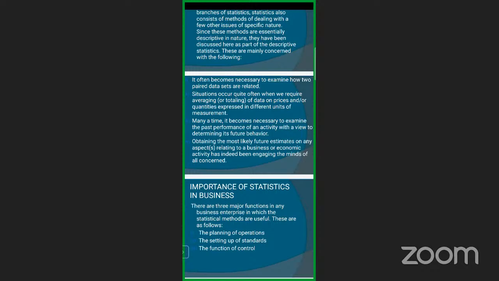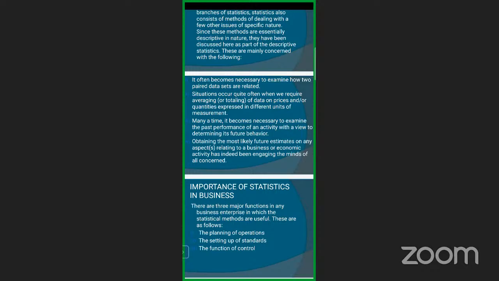What may be the operations in the business? There are so many. If you take an example of a manufacturing concern, like manufacturing of a computer, they require raw material. How many units do they want to produce?